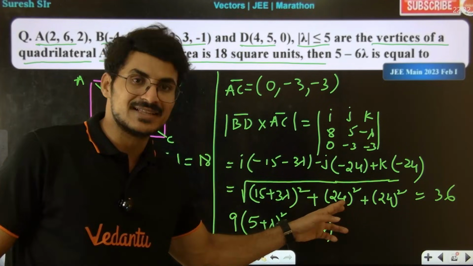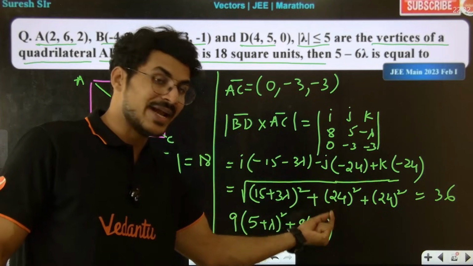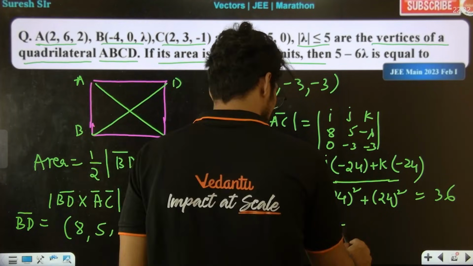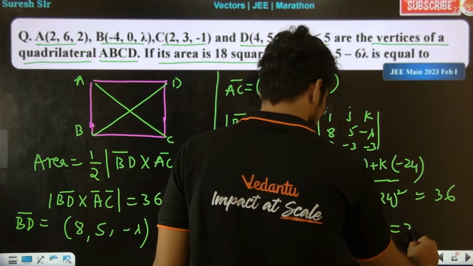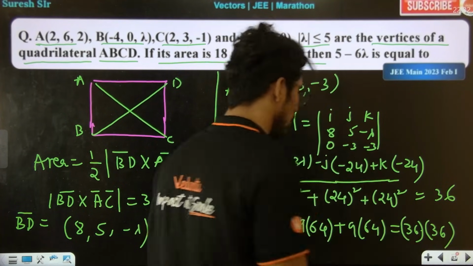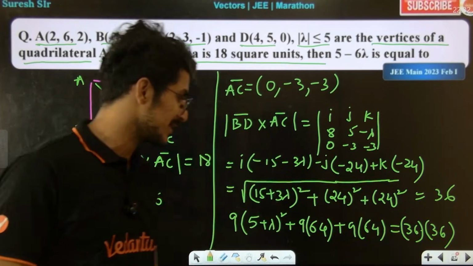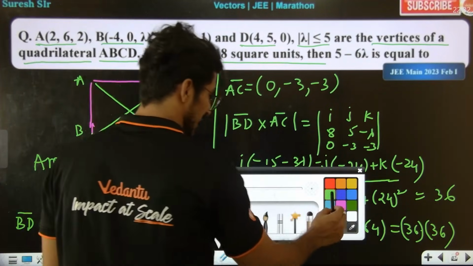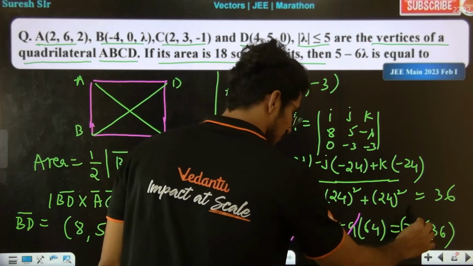3 into 8 I am writing. That 3 square is 9 into 8 square, which is 64. Plus again, same story here, 9 into 64, let me write. And here let me write 36 whole square, right? So 36 into 36. When I do squaring on both sides, the root will be eliminated, 36 square. So I write 36 square like this. Why do you write it like that, sir? So I can take 9 common again. 4 into 9 is 36, sir.